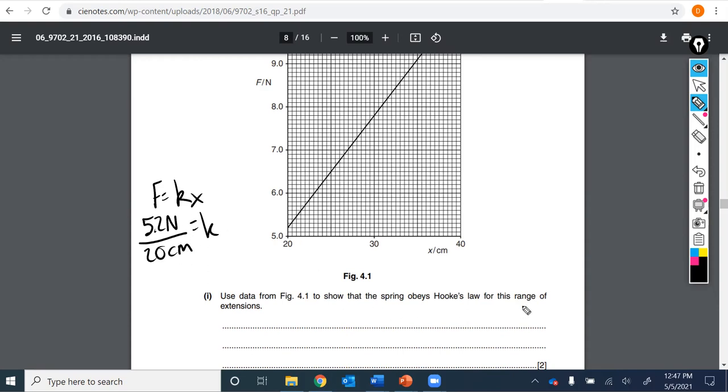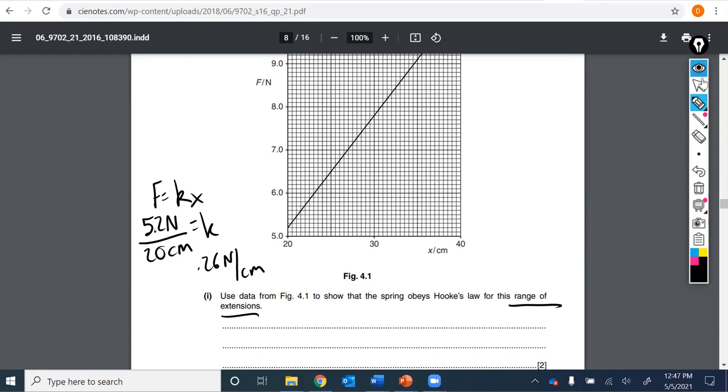Over the range of extensions, this coordinate here would give a certain value for K, which we can calculate. 5.2 divided by 20, so this spring has a spring constant of 0.26 newtons per centimeter.